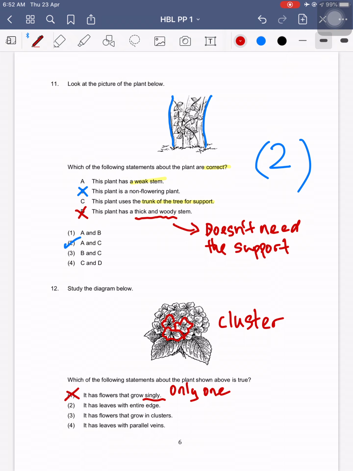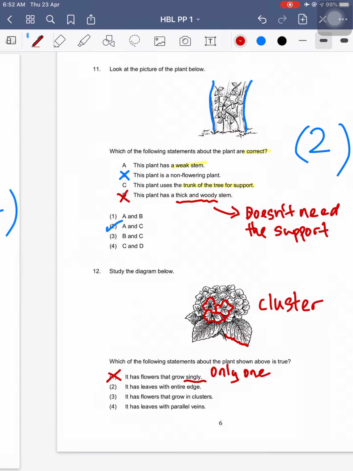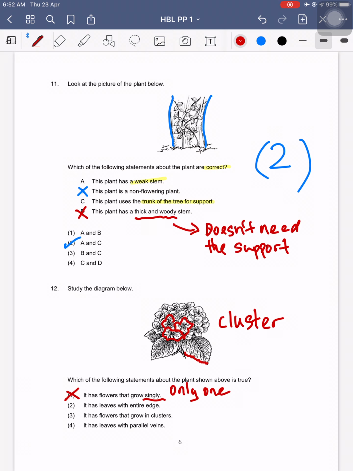Number 2, it has leaves with entire edges. Now if you look closely, these are jagged. So they are not leaves with entire edge. Option 3 is flowers that grow in clusters. Well, this is correct. Number 4, it has leaves with parallel veins. Now parallel veins, let me just draw it out.